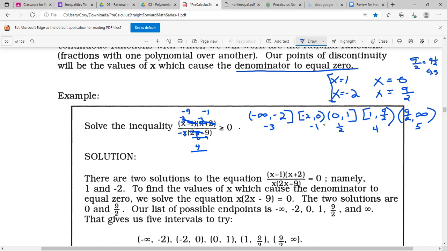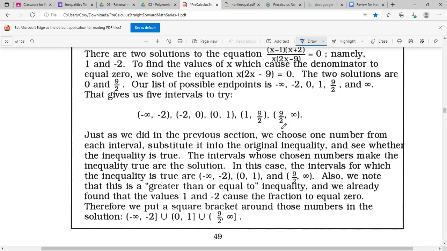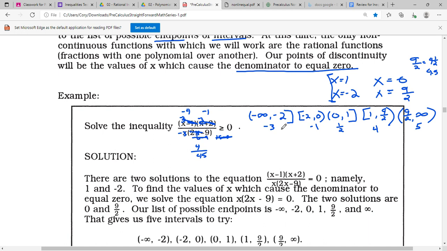It's going to end up positive. 15 times 3 would be 45. 4 over 45. All we're really looking for is if it's positive or negative. And remember, we're looking for positive values. This is positive because all of our negatives cancel with each other. So that's a positive value, so that one checks out.